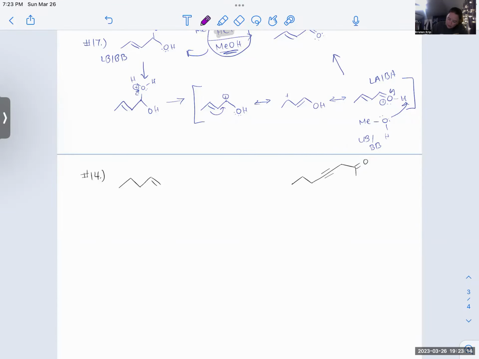So this has 1, 2, 3, 4, 5. We've got 5 carbons and an alkene. Pretty simple. Over here we have 1, 2, 3, 4, 5, 6, 7, 8. We've got 8 carbons, a ketone, and an alkyne.